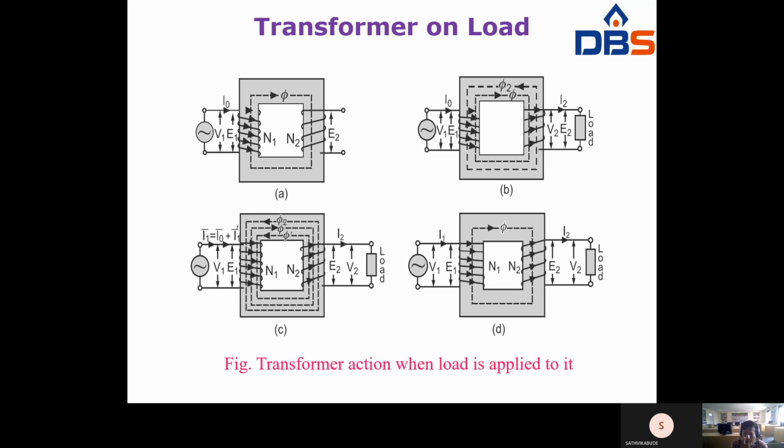Because the secondary flux is flowing from secondary to primary, this pi 2 causes production of an extra current, that is I1 dash, a leakage current I1 dash in the primary winding.